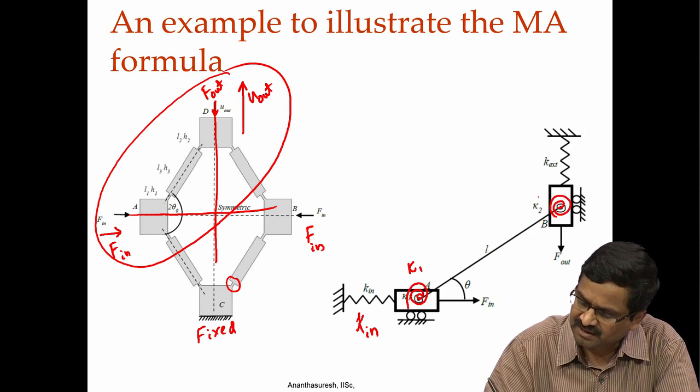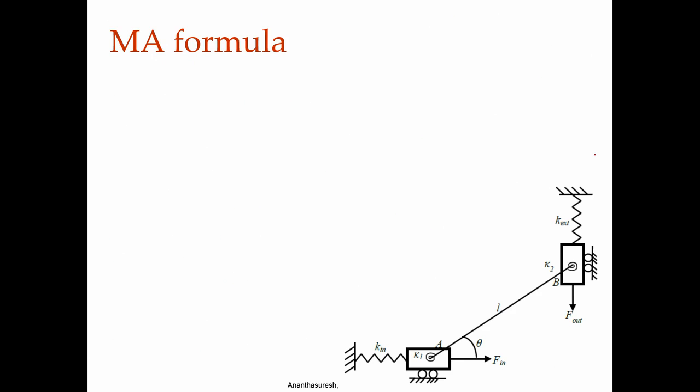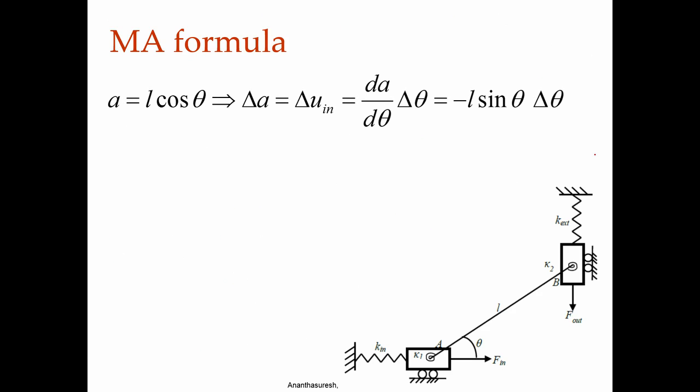Similarly, there is a kappa 2 here, and then there is our K external. K external is like workpiece. So, we are acting against that, okay, or towards it, whichever way you look at. So, this is the model for that, and once you have the model, we can write the displacement.